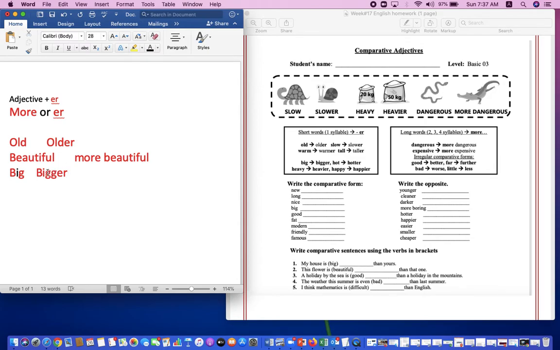Why? Because they had a fight together. I have to put something in the middle between them. Okay? So we have two problems: the vowel letter fights with the -er and the y fights with the -er. Really? Yes.